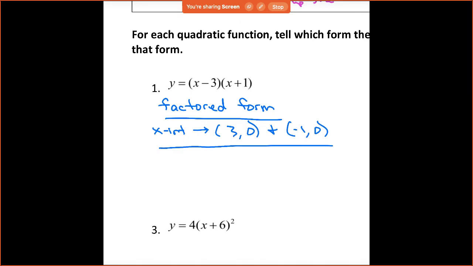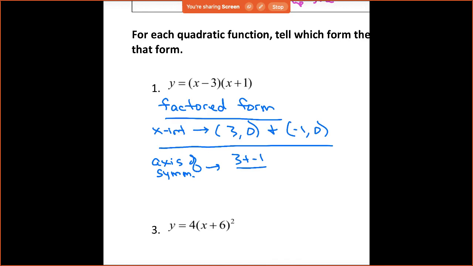Axis of symmetry. Okay, so let's take a look at that. All we did to find the axis of symmetry was, remember, average your two x-intercepts. So we've already identified the x-intercepts to be 3 and -1.